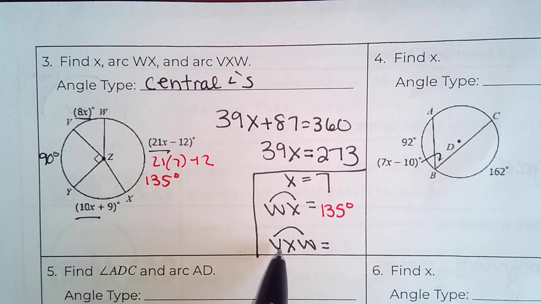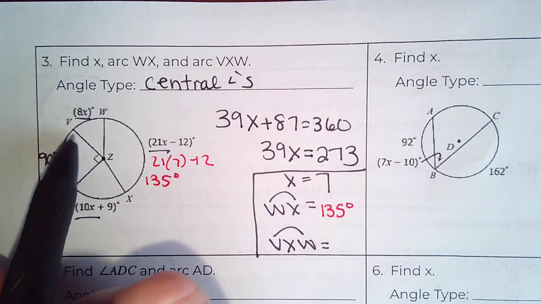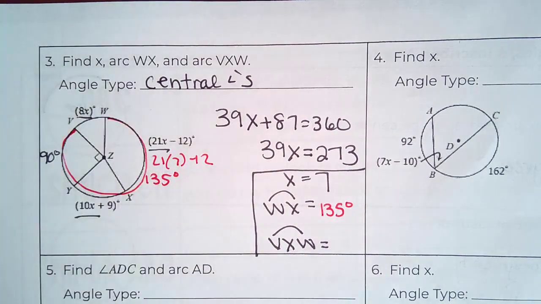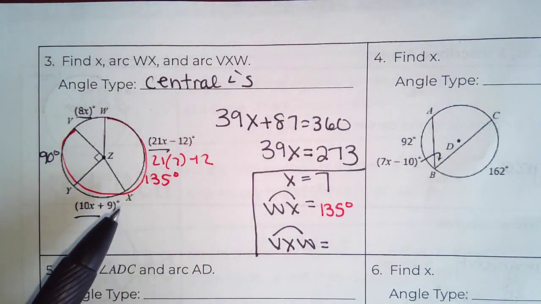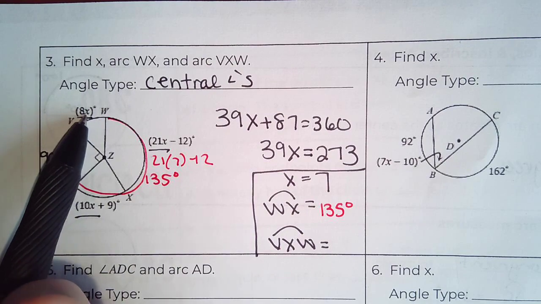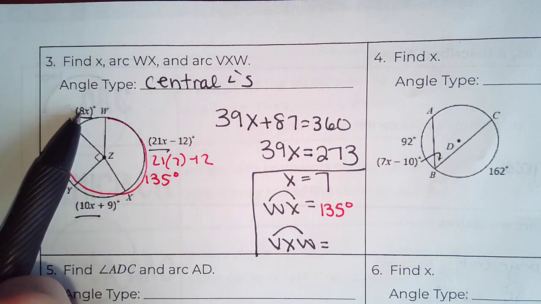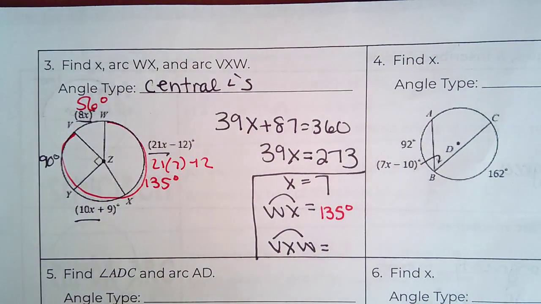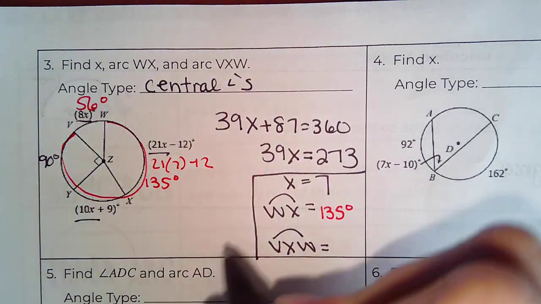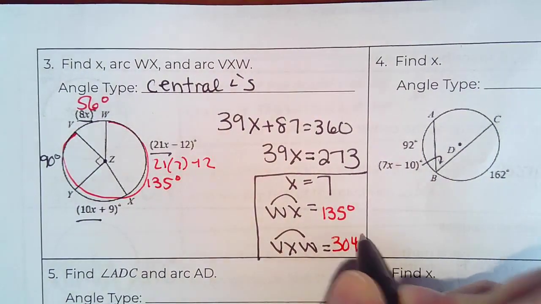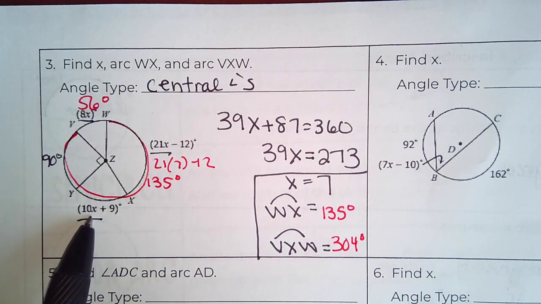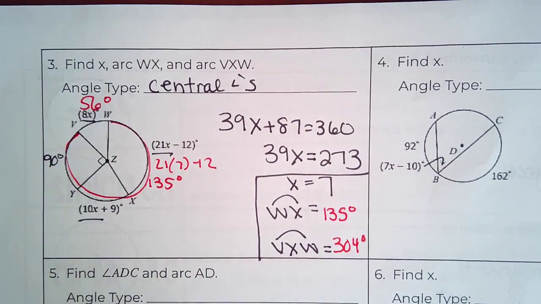I want to find VXW, so V to X to W. Two things: I could either plug into 8x and subtract from 360. 8 times 7 is 56. Then 360 all the way around a circle minus 56 gives 304. The other way is I could have plugged it into here and then added these three up.